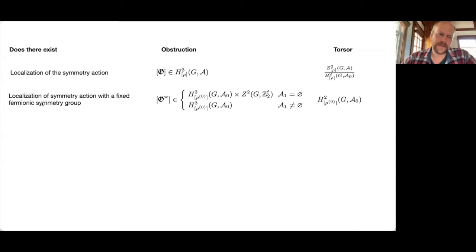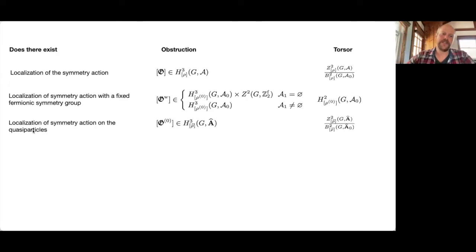so sorry, I got myself confused. Yes, the next thing you asked is, does there exist a localization of the symmetry action with a fixed global fermionic symmetry group? And that's what I'll refer to as OW. And when that vanishes, we have this H2 torsor, which is now valued in the abelian quasi-particles.